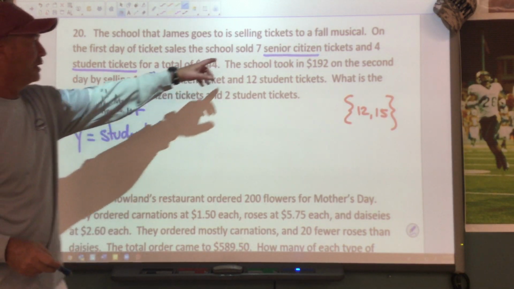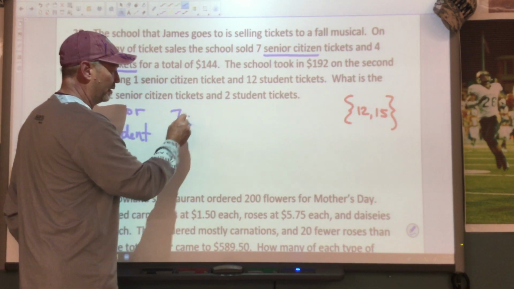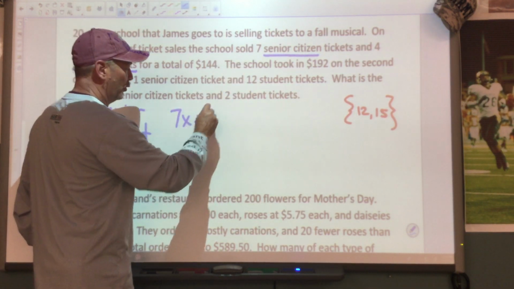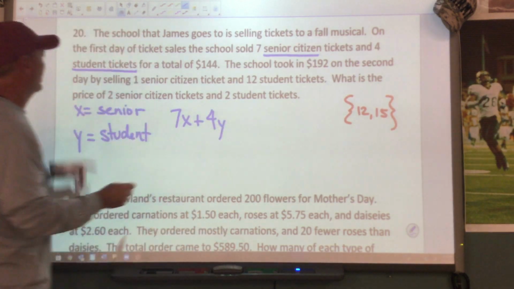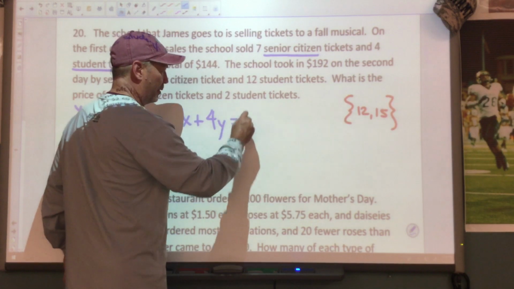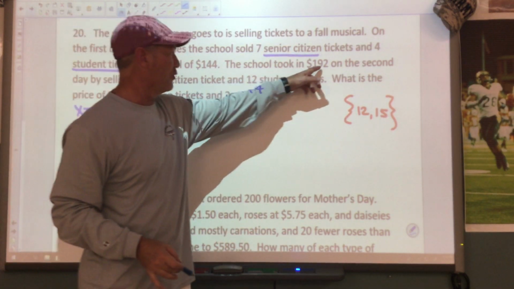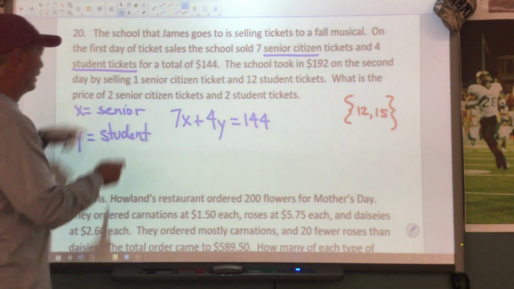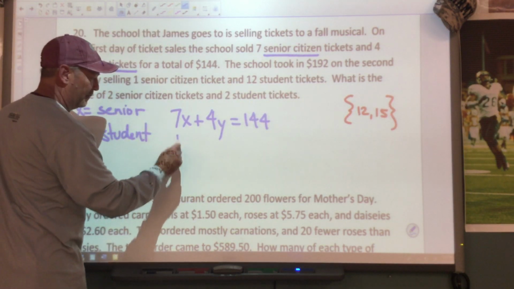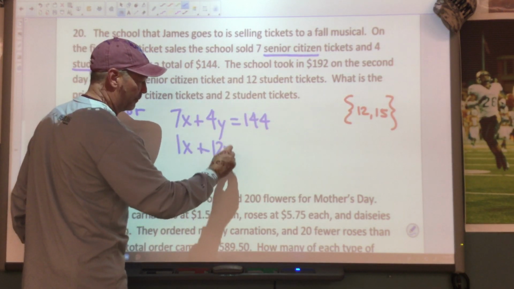Okay? So we look at the first equation we have. It says 7 seniors and 4 students, okay, for a total of $144. In the next sentence, it says it took in $192 by selling 1 senior citizen ticket and 12 student tickets.